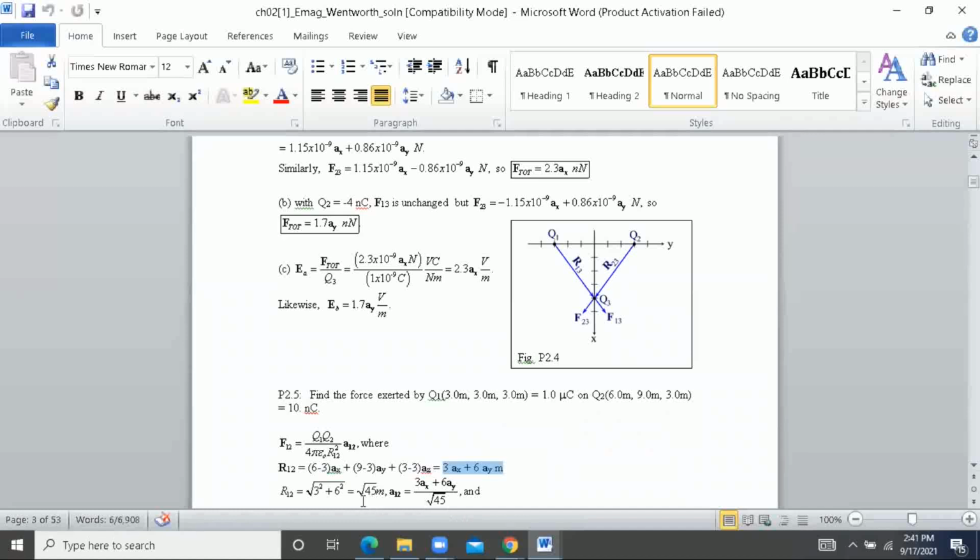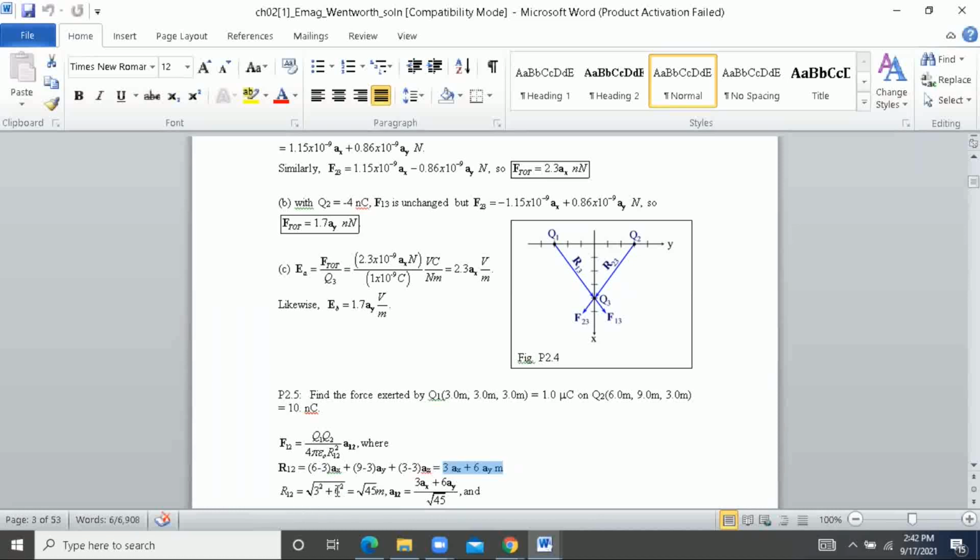Now, your unit vector, A12, is this vector divided by the magnitude of the vector. The magnitude of this vector is the square root of 3 squared plus 6 squared.